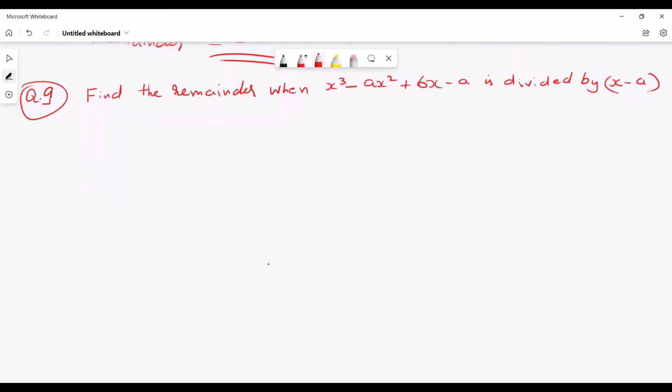Come to the question number 9. Find the remainder when x cube minus a x square plus 6x minus a is divided by x minus a. So let us divide here.